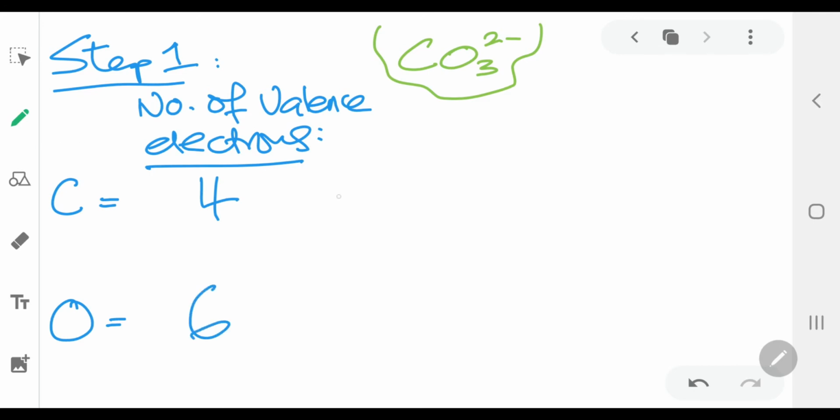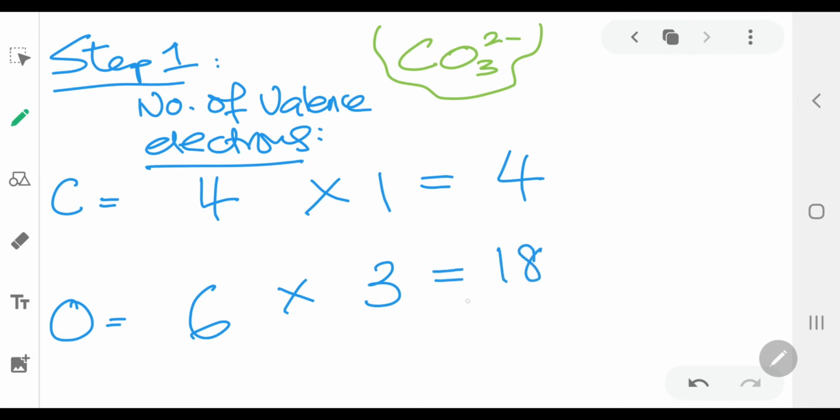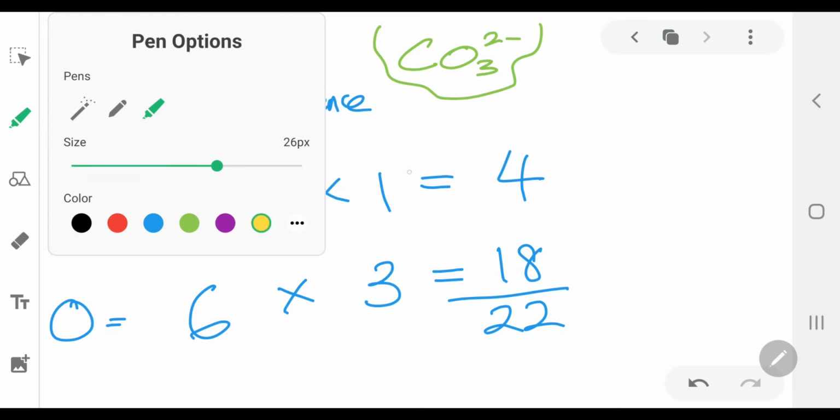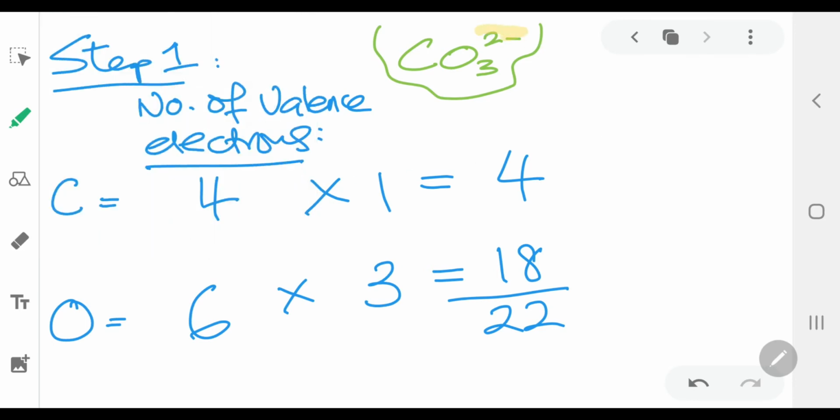And when you look at the structure, you have 1 carbon atom involved, so that will bring you to 4. And we have 3 oxygen, therefore that one is about 18. And you have 22, but if you look here, you have a -2 charge.